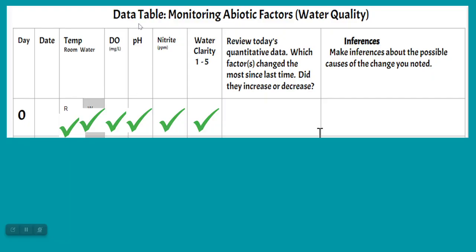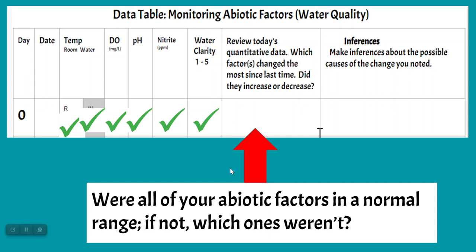All right. So by the end of class, you should have taken information for day 0. And then you're going to take a look at your numbers. Were all of your abiotic factors in the normal range? Remember, you might need to look around the classroom at our normal range sheets.